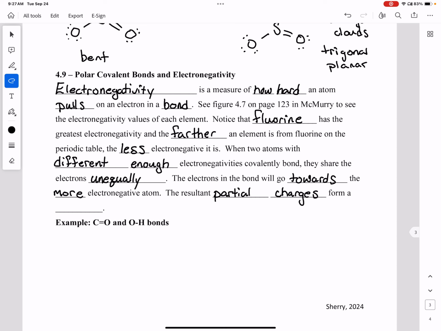If one atom entirely steals an electron, then it becomes negatively charged. But if it just partially steals the electron, if it hangs on to the electron most of the time, but not all the time, that would be a partial charge. And so what that forms is called a dipole.